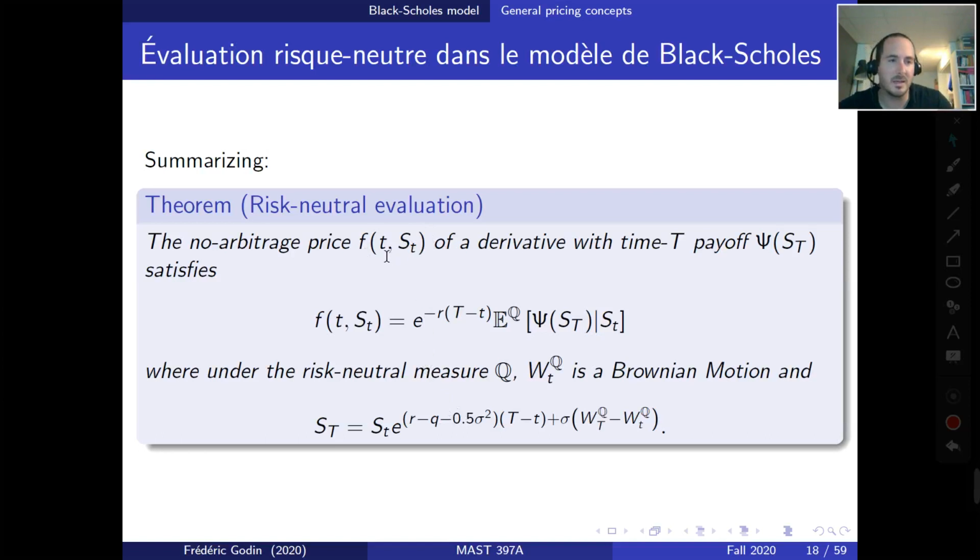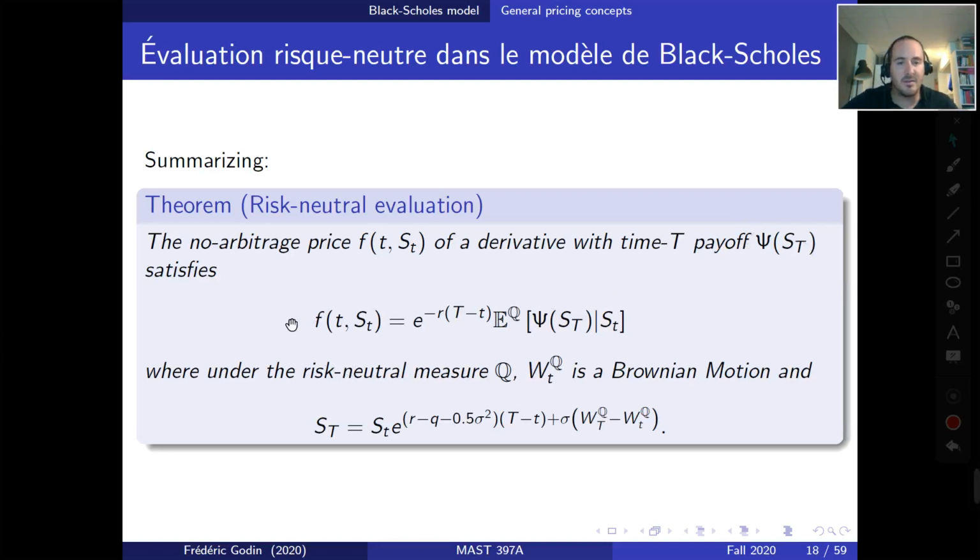So the price depends on time, of course, and on the price of the underlying asset. Consider a derivative which provides a payoff at maturity time T given by psi(S(T)), a function of the risky asset at maturity. Then the price of the derivative must be of this form.